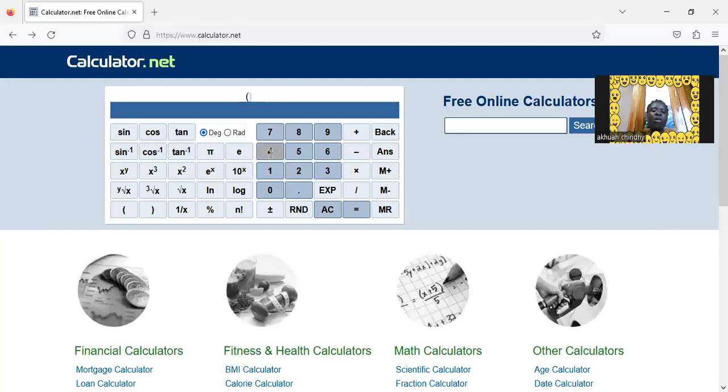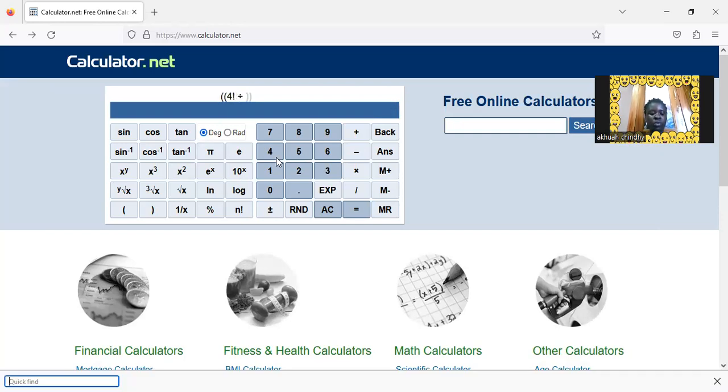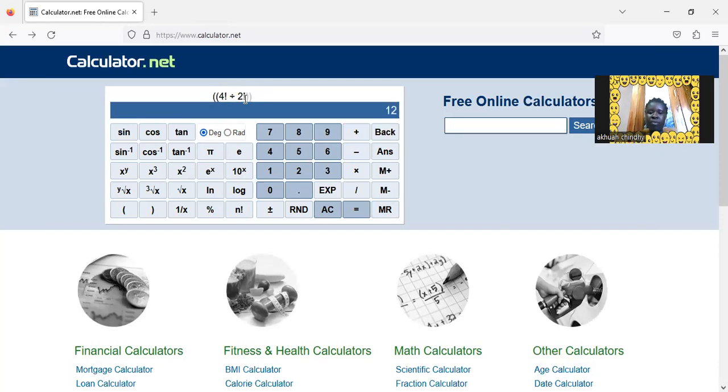So we have 4 factorial divided by 2 factorial, divided by 2 factorial, times 2 factorial. Please solve with your calculator so that we'll see whether it's correct.